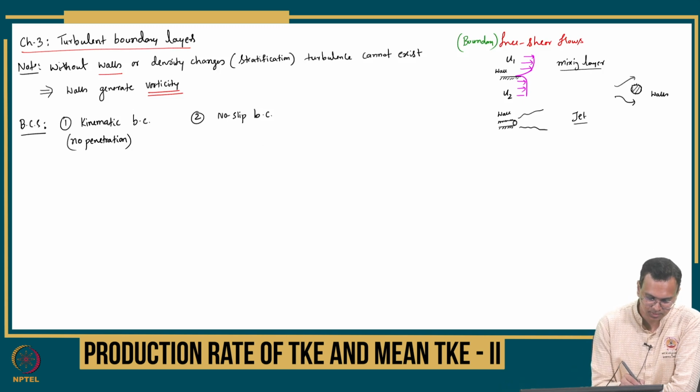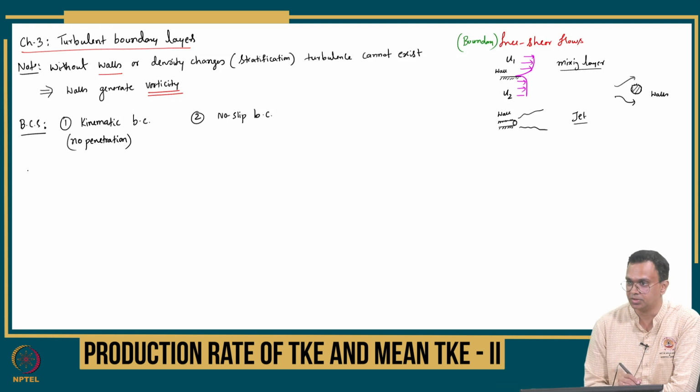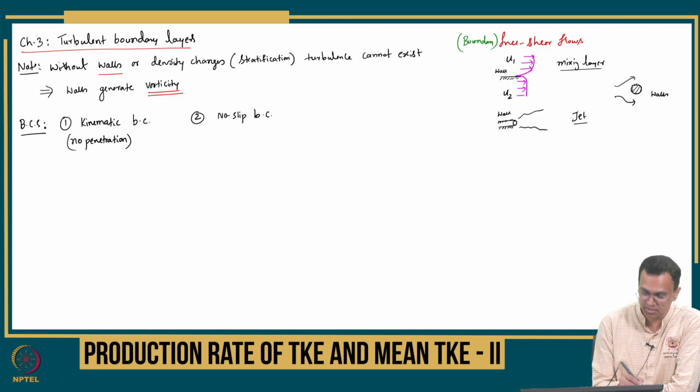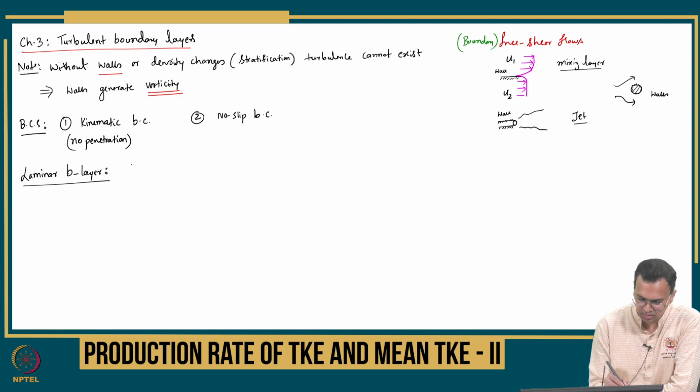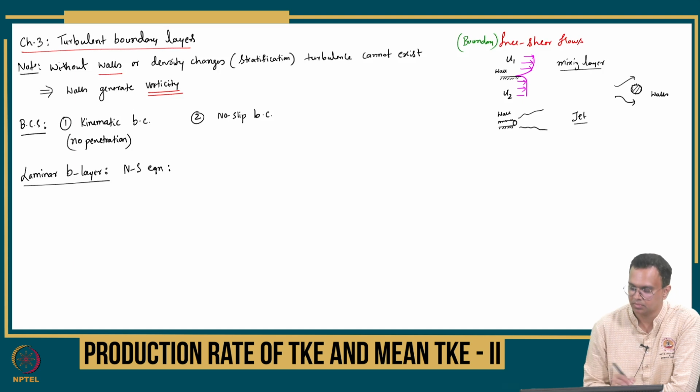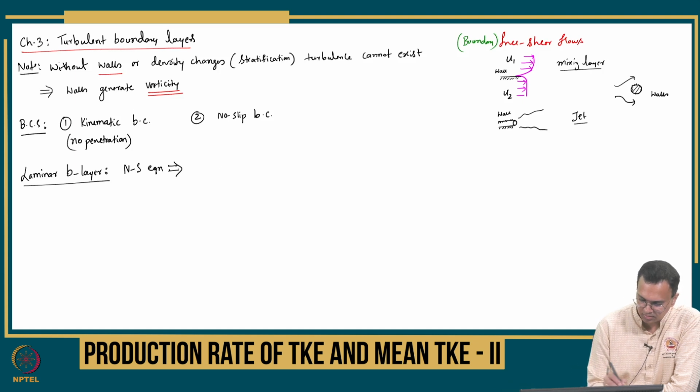And then let's see if I take the Navier-Stokes equations. Let's consider a laminar boundary layer first, and I hope everybody understands this before we jump into a turbulent boundary layer. So if I consider the instantaneous Navier-Stokes equation, not the RANS equation, what I do here is I also non-dimensionalize.